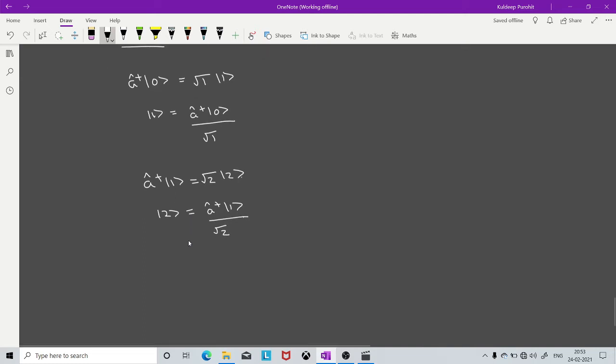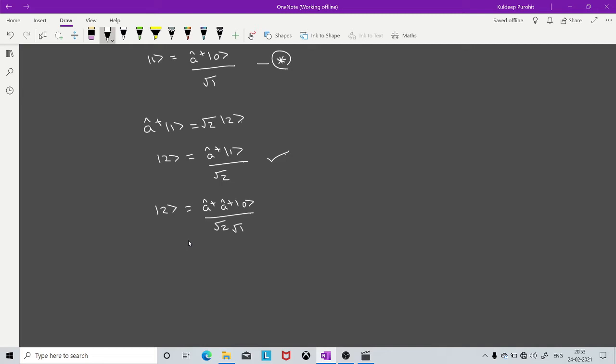Okay, so if I use this value of |1> in this expression, then what will I get? I can write |2> is equal to a† into, instead of writing |1>, I will write a† operating on |0>, divided by root 2 and root 1 from this equation.